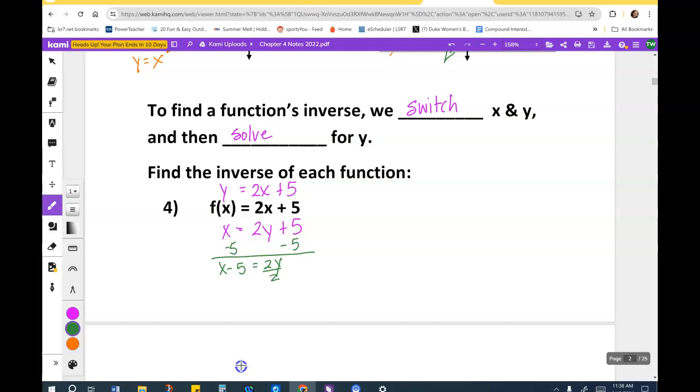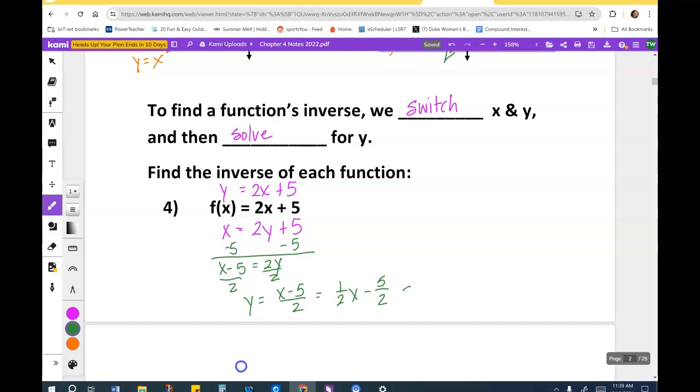I'm going to divide both sides by 2, and I have y equals x minus 5 over 2. If I split those, I get 1/2 x minus 5 halves, because x over 2 is the same as 1/2 x.